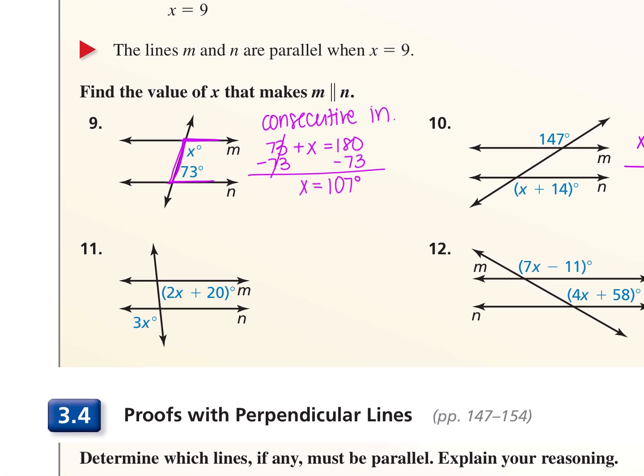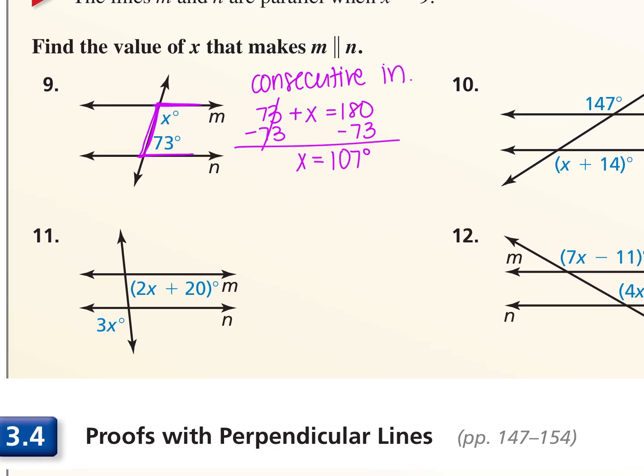All right, looking at number 11. These are not alternate interior, alternate exterior. They are not corresponding. They're not consecutive. I know 3x is here as well because 3x and 3x, they're corresponding, they're congruent. Now I can see that these angles are supplementary. Okay, so I can go ahead and add them.